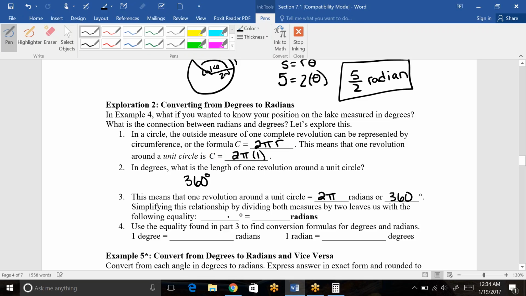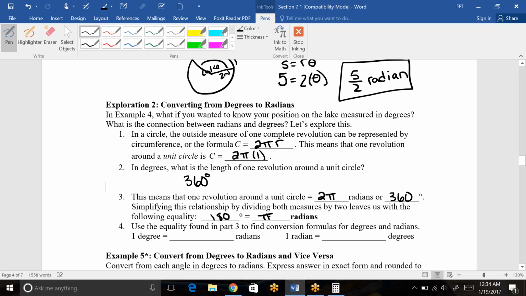If we simplify this relationship by dividing both measures by 2, that would leave us with a more simplified version of the equality. If we divide both sides by 2, 180 degrees is equal to pi radians.